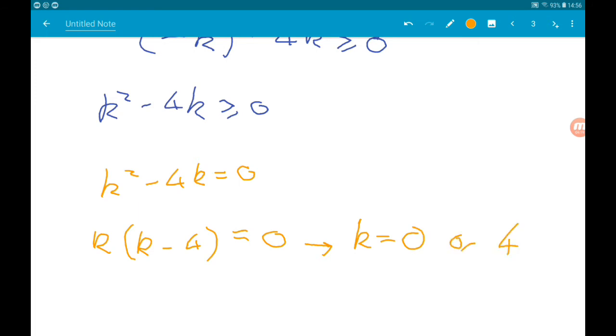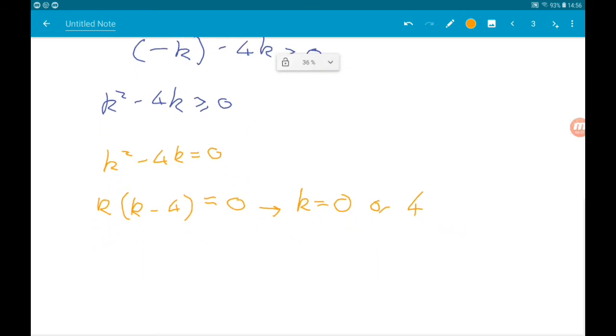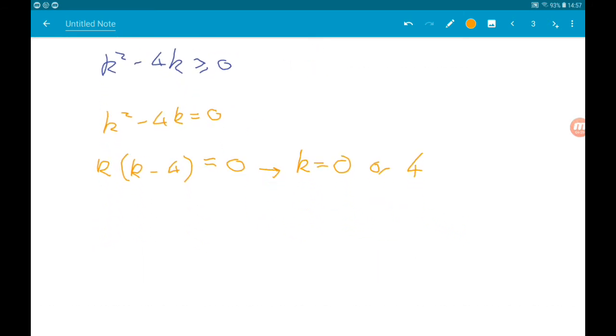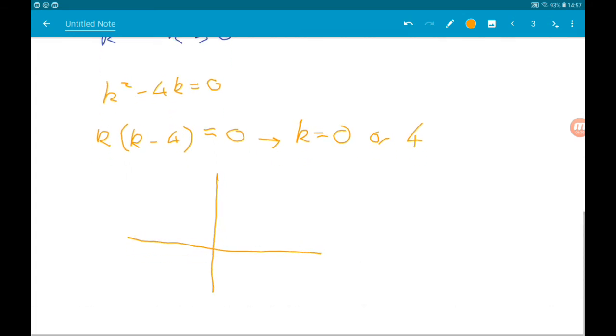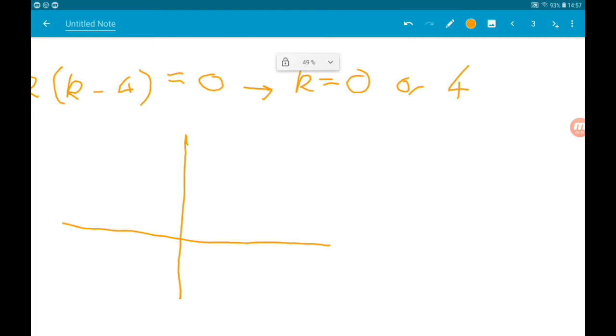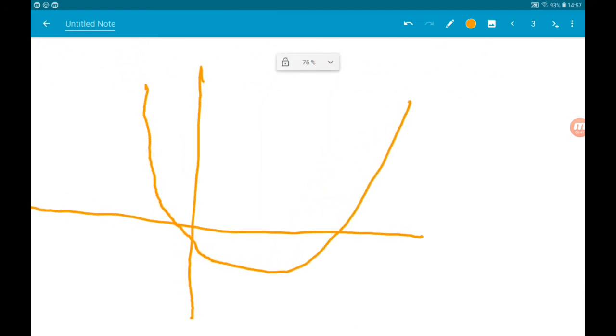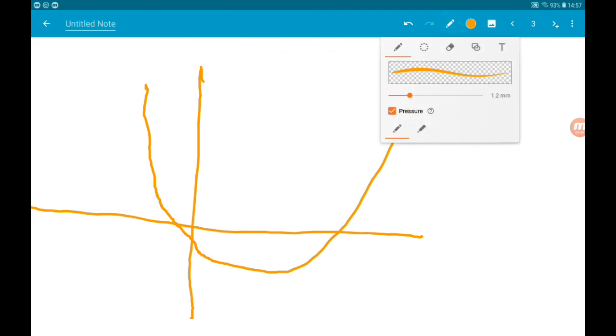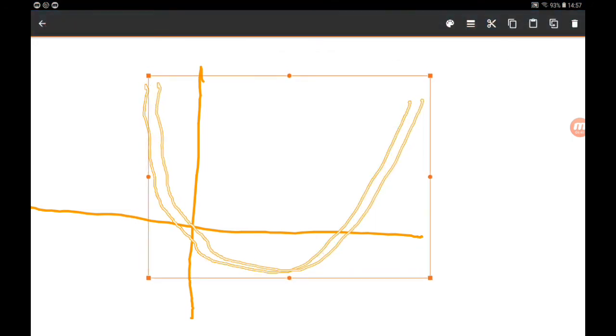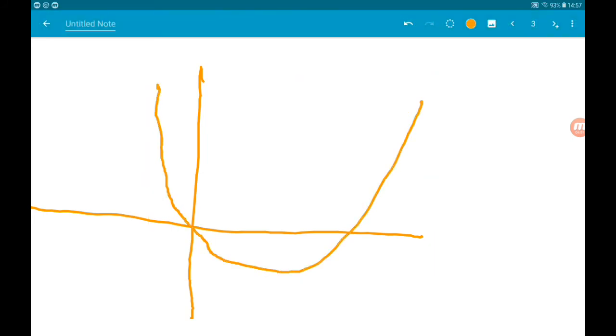Now, if we sketch the graph of k squared minus 4k, we then know that it looks like this. So it cuts the x-axis at 0 and 4.